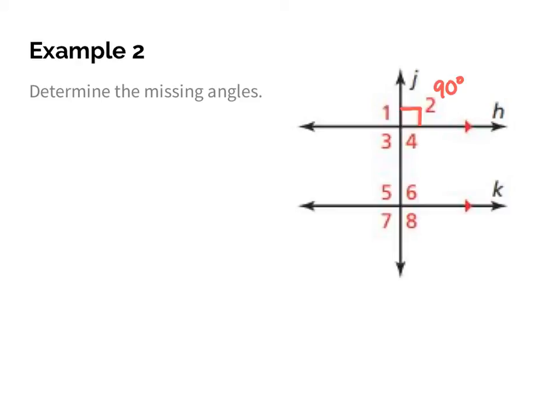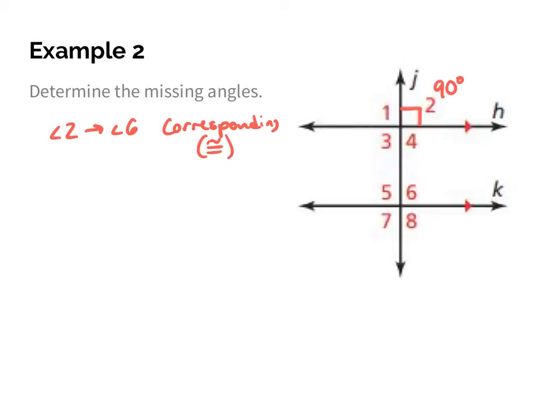So we dealt with similar examples last section. So here what we have to do is use some of our angle relationships. For example, I can say angle 2 and angle 6. Whoops, that's not a 6. There we go. These are going to be corresponding angles. They're in the same location. And if we remember, corresponding angles are congruent.